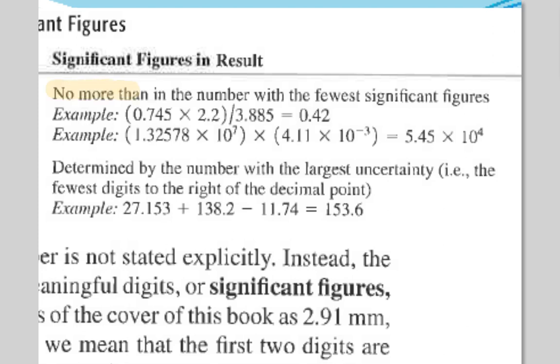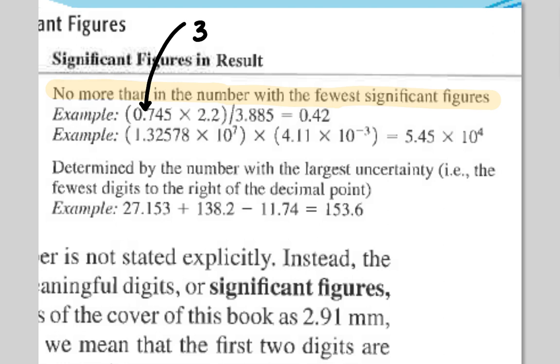No more than in the number with the fewest significant figures. And we'll talk about what a significant figure is in a bit here, but I want you to take a look at these 2 examples. In the first one, you have 0.745. How many sig digs are in this expression? There's only 3.